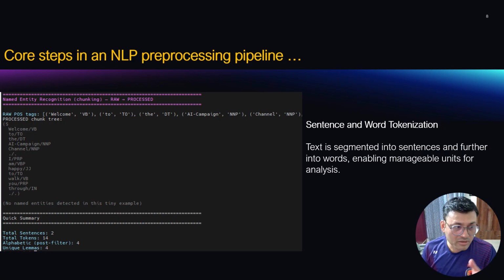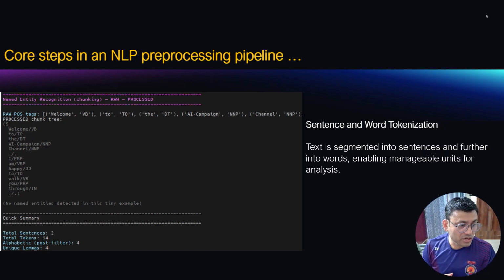POS tagging tells us cat is a noun, sat is a verb. In the same example on the screen, welcome is given as a verb, the is a determiner, AI is a noun, and channel is a noun again. So if you see how this has been processed, the raw data looks like this, then raw POS tags, and then the processed chunks.